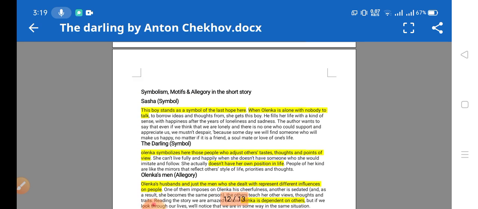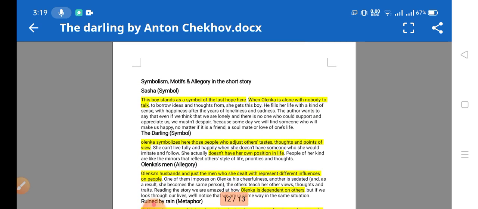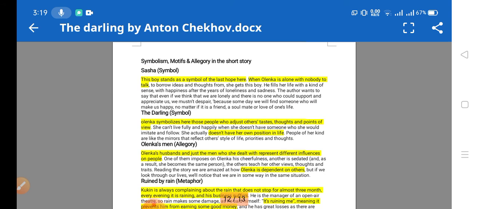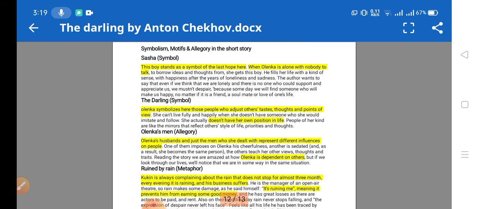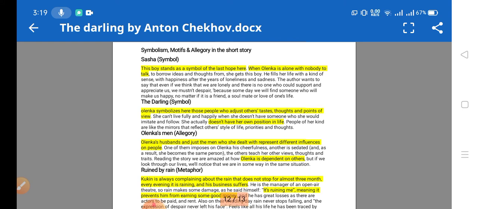We'll discuss some symbols, motifs, and allegory in the short story. Sasha, the boy, stands as a symbol of the last hope for Olenka.